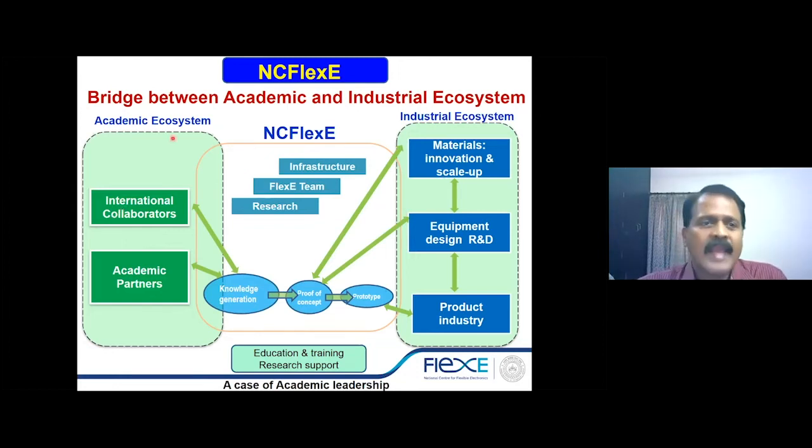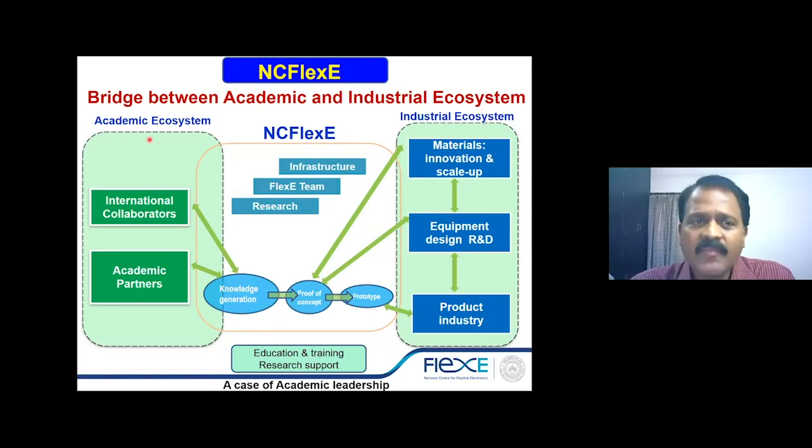In the academic ecosystem, many of the ideas generated are taken up by the team here. As they are taken up, we march along the technology readiness levels and go beyond the proof of concept to make a prototype, so that it becomes easier for the industry to accept. In the industry ecosystem, there are different segments: a material segment, an equipment design R&D segment, and the product industry segment.